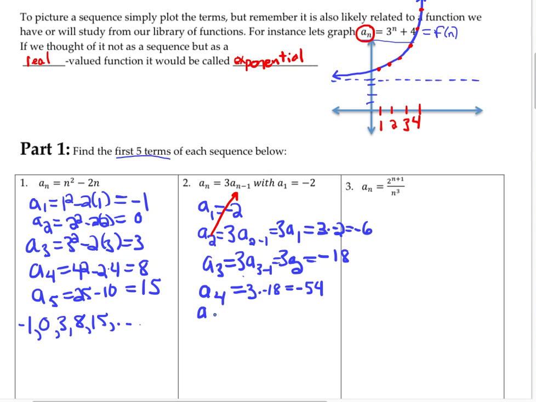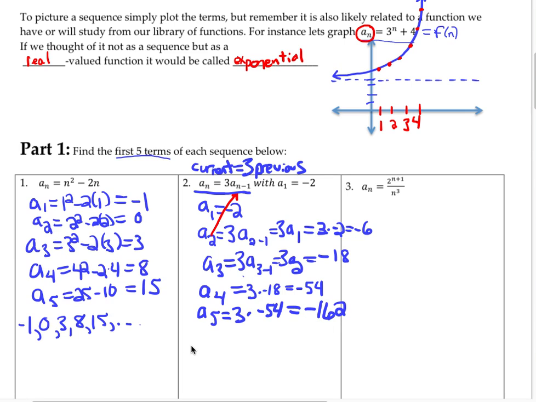Okay, let's do the fifth term likewise conceptually. So again, what this says conceptually is the current equals 3 times the previous. So we're going to go 3 times the previous, which is going to be -162.